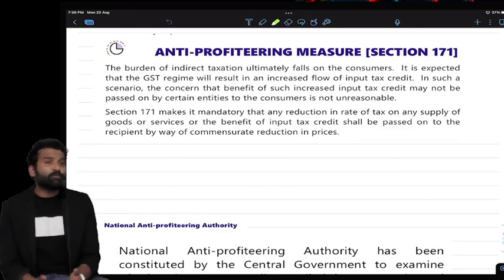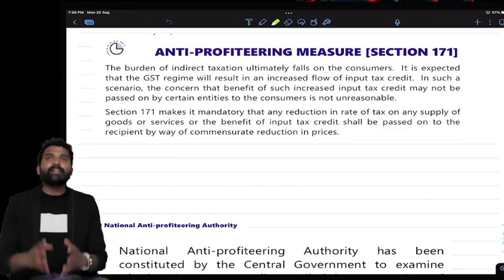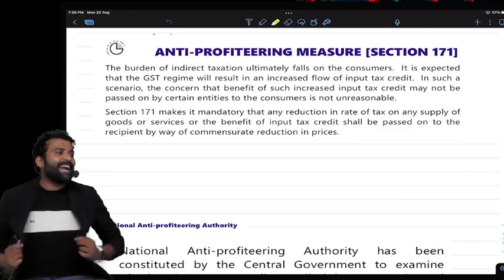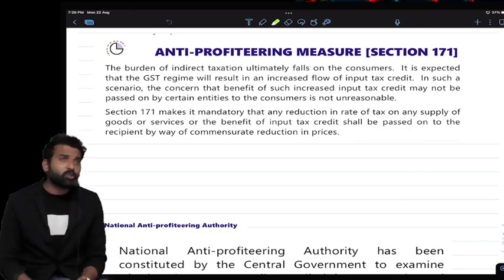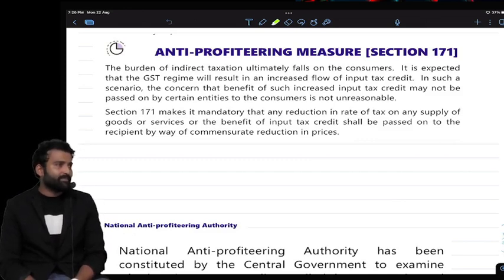The company can also face cancellation of GST as well.